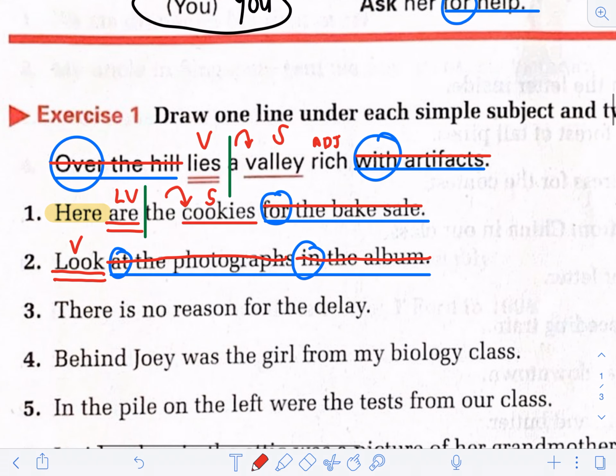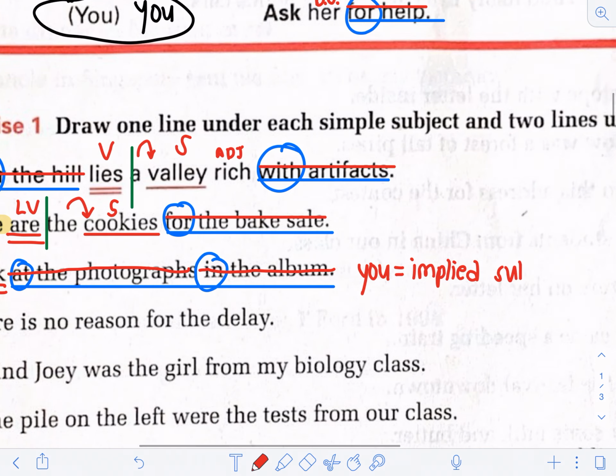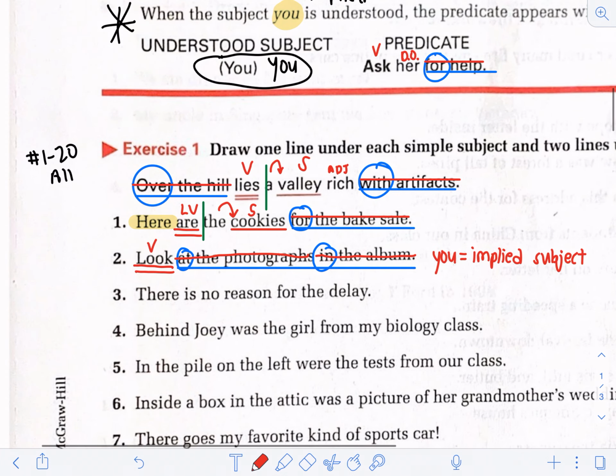And what is the implied subject? You equals implied subject. Like I said earlier, my biggest example is when your mom tells you to do something. Set the table. She doesn't have to say you, she's just implying that you are the person who should be setting the table.